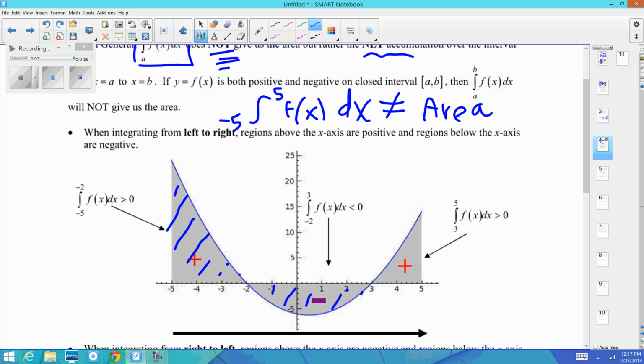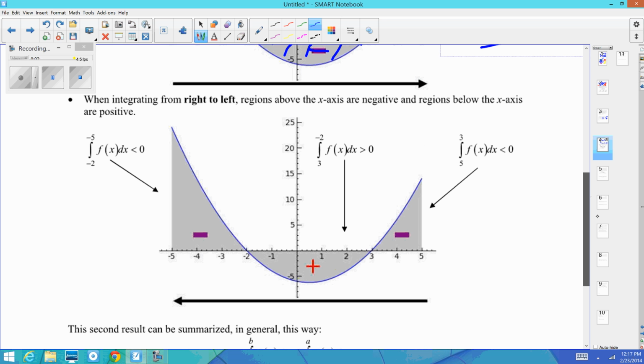But it looks like the positive area is more than the negative area, so maybe you have a few left. And then your friend felt bad because you only had 2 cupcakes left, so they made you some more. That's from left to right. Anything above the x-axis is positive. Anything below the x-axis is negative when we're doing these integrals.